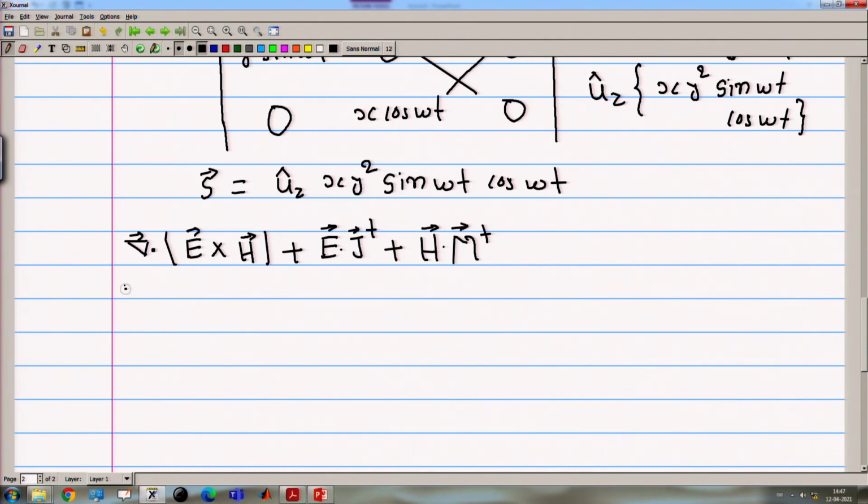So, E cross H we have already derived. This will be dot product with del.